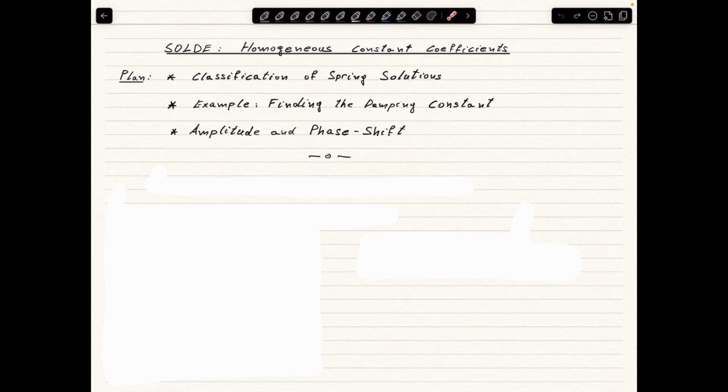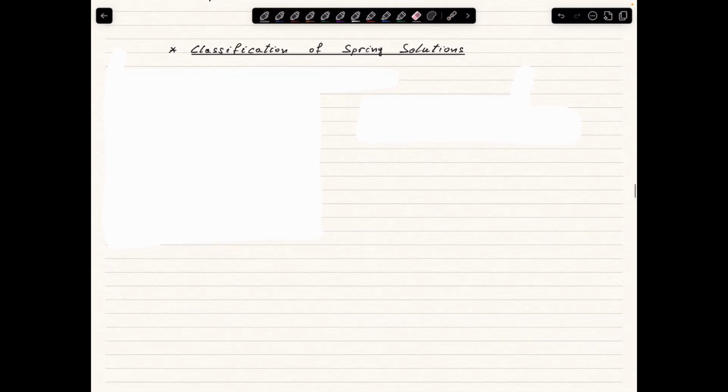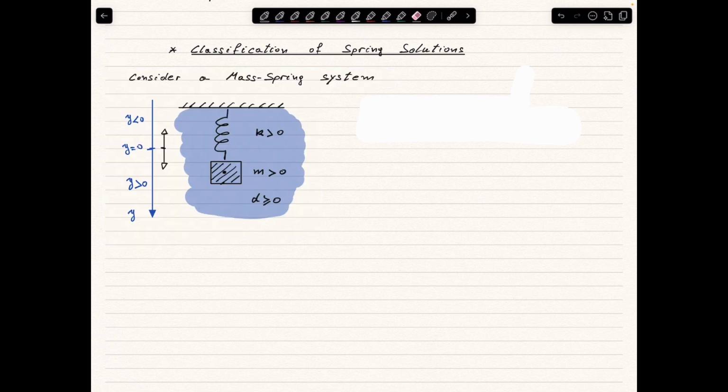Let's start with the classification of the solutions that describe mass spring systems. Let's review the mass spring system. We have an object of mass m, positive mass, hanging from the ceiling with a spring. The spring has spring constant k.